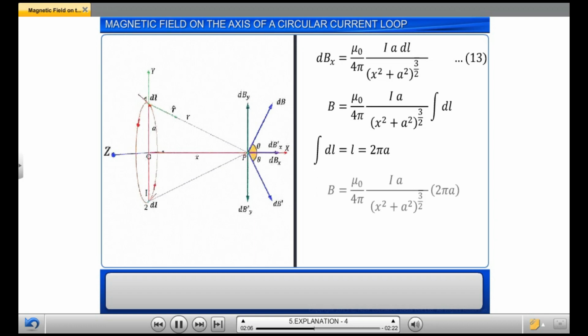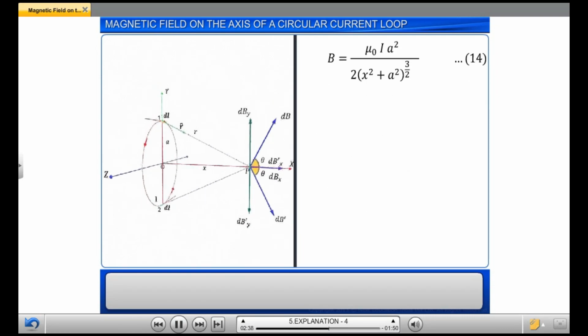Therefore, on simplification, we get the net magnetic induction on the axis of a current-carrying circular loop at a distance x from the center of the loop as B is equal to mu naught I a square by 2 into x square plus a square power 3 by 2. Let this be equation 14. And the direction of the field at P is along the x-axis.